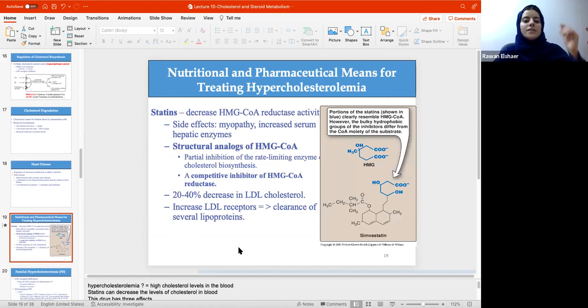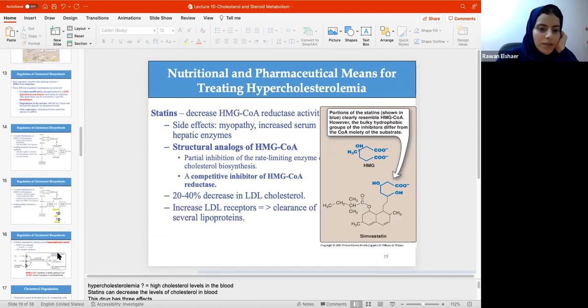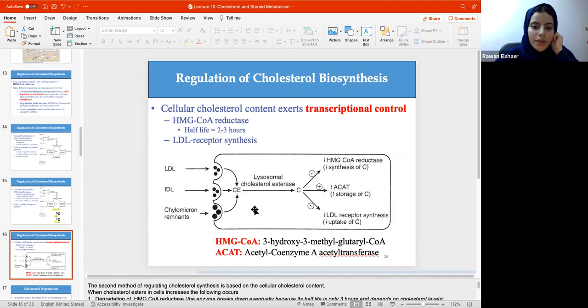Okay, so statins, you know how I mentioned this? This is a cell, okay, and you have LDL receptors on this wall. LDL receptors cause the LDL cholesterol to be absorbed into the cell. If the receptor is not working, or if the receptor is not there, then you have a lot of LDL in the blood. Right?